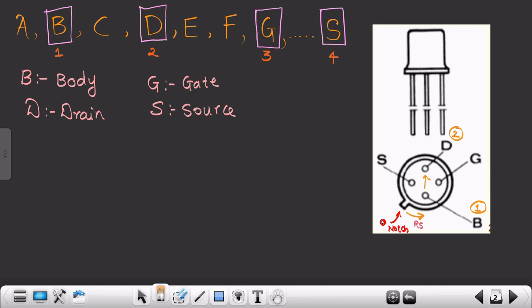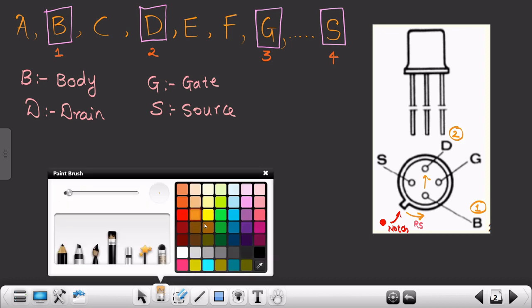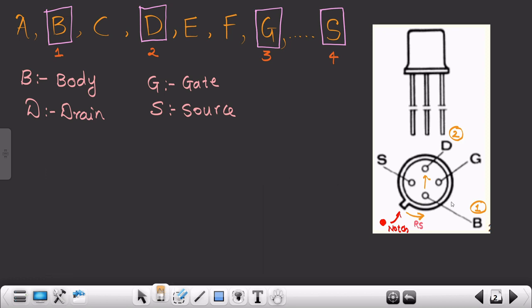Again, I am repeating. See, this is me. I'm holding this particular JFET in such a way that the notch is pointing towards me. As soon as I identify the notch, I will move to the right side of the notch. I will get the very first terminal, that is body. Then I will move in the opposite direction of body. I will get the second terminal, that is drain. Then I will again come back to body and move to the right side of the body.